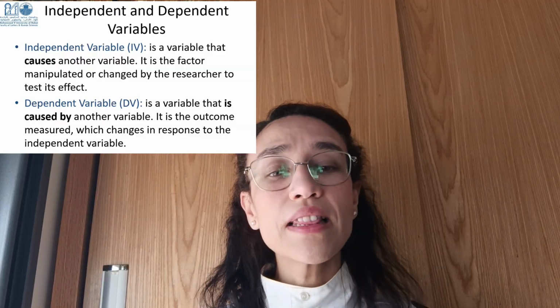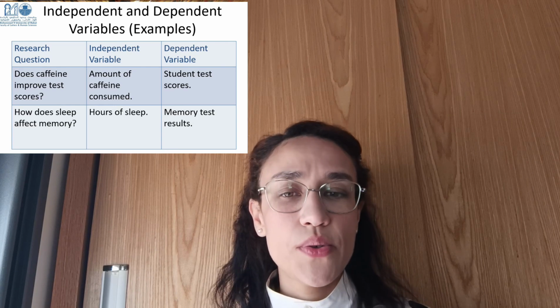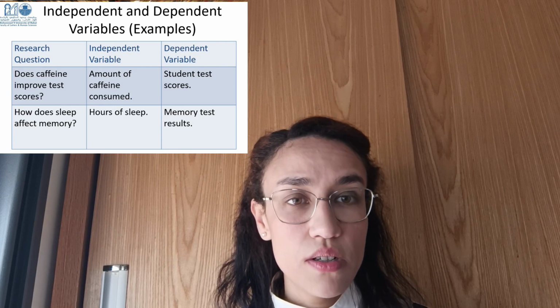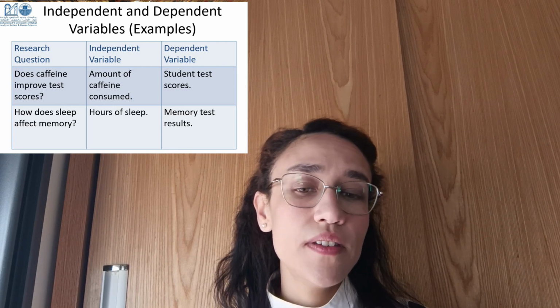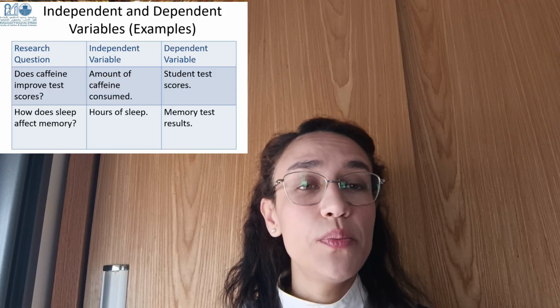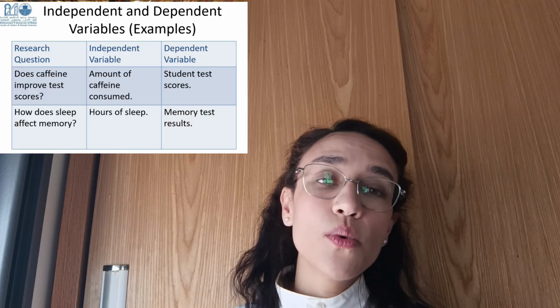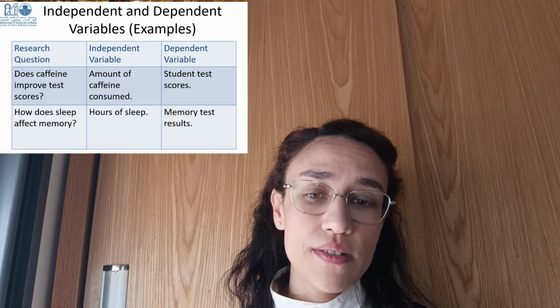Let's take a look at some examples. The first example, does caffeine improve test scores? This is our research question to figure out whether or not caffeine improves test scores. So the independent variable would be the amount of caffeine consumed, while the dependent variable will be the test scores of students.